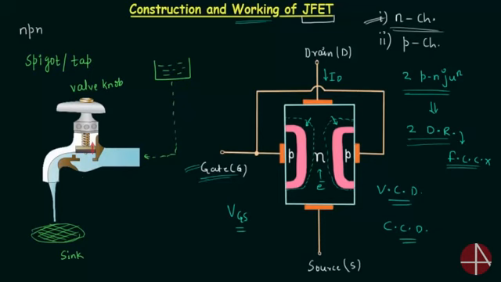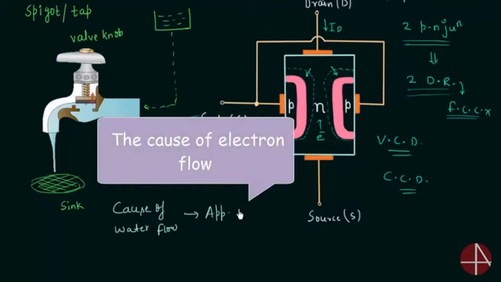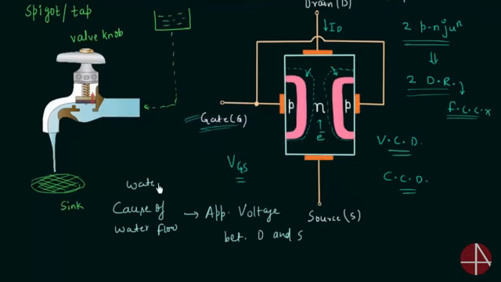So we can say that the cause of water flow in case of the spigot is the same as the applied voltage between the drain and source, because when you apply voltage between drain and source, the electrons in the n channel will drift, and water is the same as electrons in the n channel.